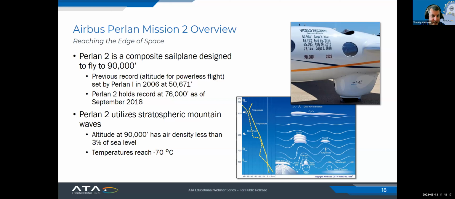You'll get towed up to your initial altitude, and then you'll just be doing a gradual descent the way you would with a normal glider. Whereas if you're in a place where you have the mountains and the high stratospheric waves, now you can really ride that energy and get to higher altitudes.